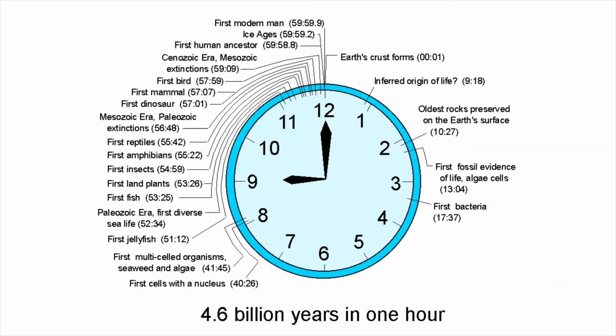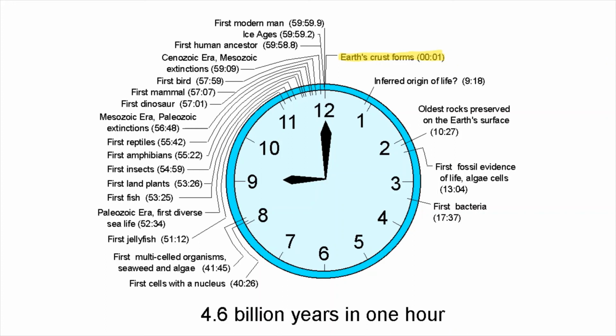So what I was saying about everything taking a very long time can be explained using this clock. And we're going to think about the lifespan of the Earth from when it formed to now, and we're going to think about what if that was 1 hour? What if only 1 hour has passed since the Earth formed? Well, we can see here that the Earth's crust formed at 1 minute into the hour, so 59 minutes ago.